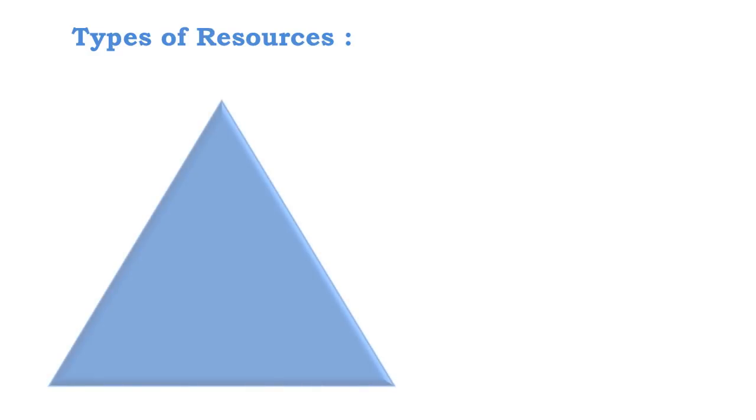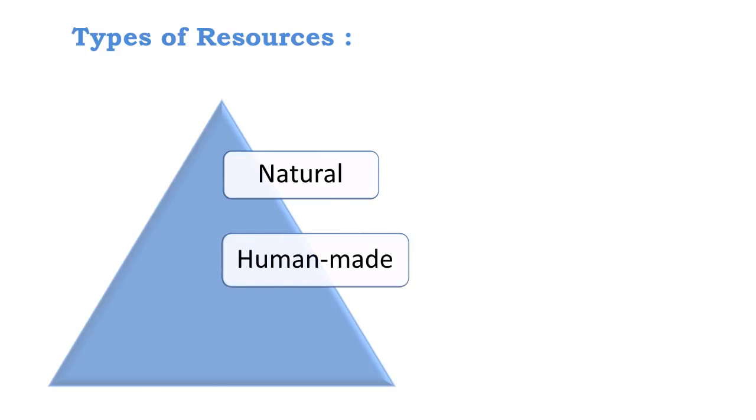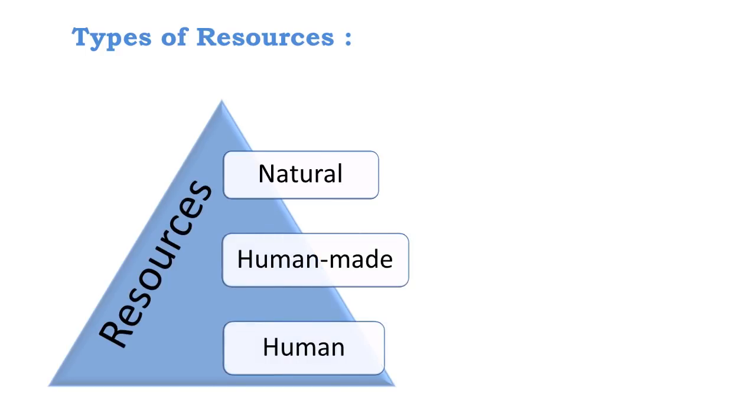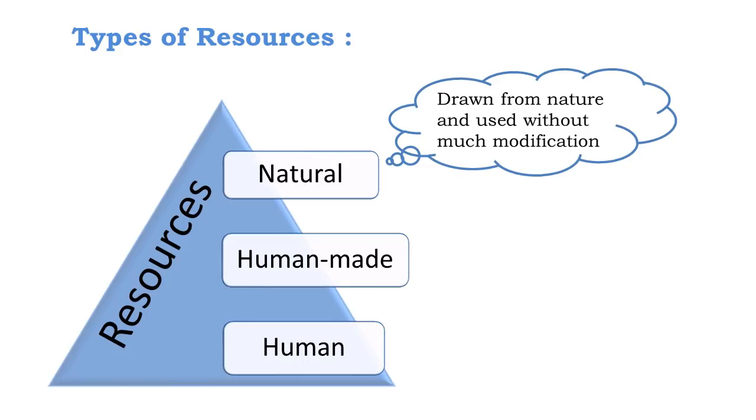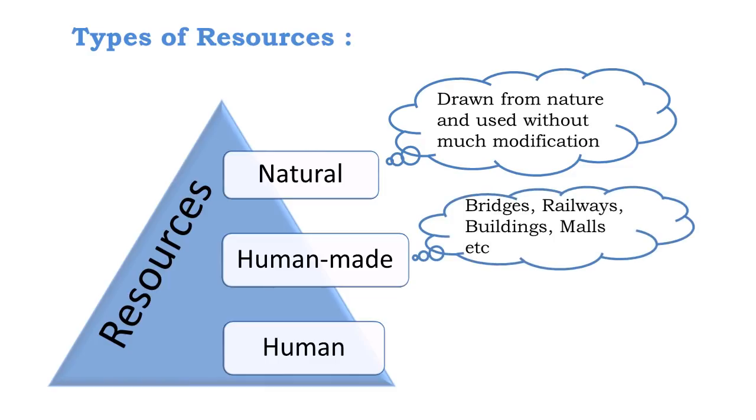We move on to the next subtopic, that is types of resources. Resources are classified into three types: natural, human made, and human resources. Natural resources are drawn from nature and used without much modification. Next, human made resources. As the name suggests, these resources are developed or made by human beings.